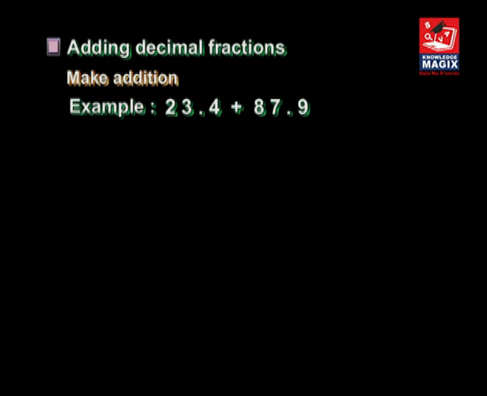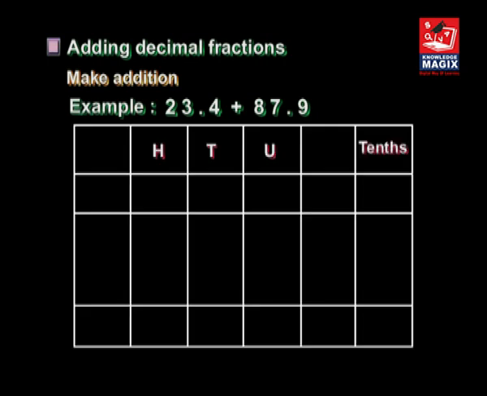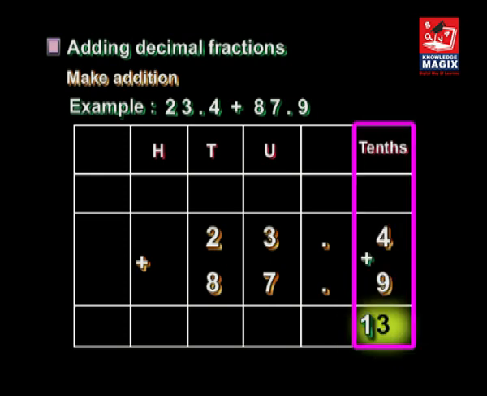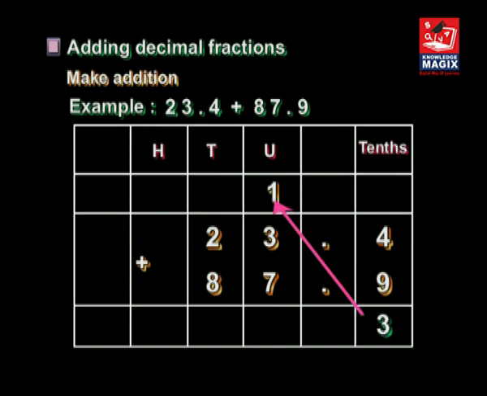23.4 plus 87.9. 4 plus 9, 13. 3 is written here. 1 is carried over to the units place. Decimal point is written below the other decimal points.